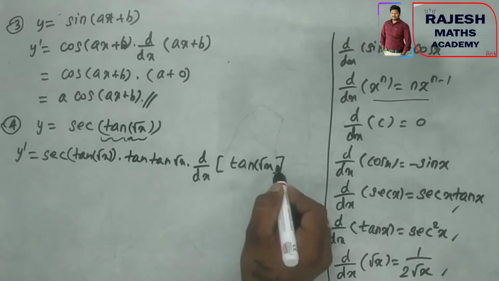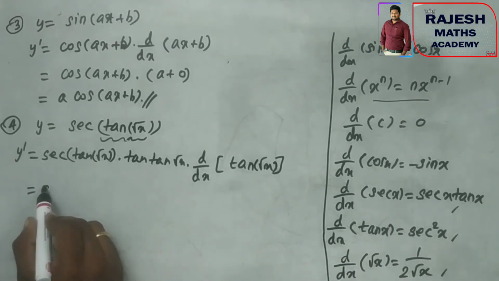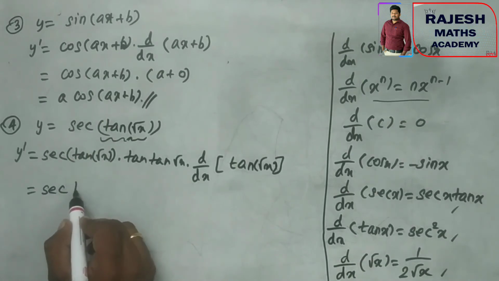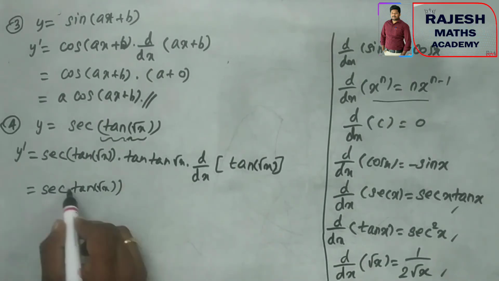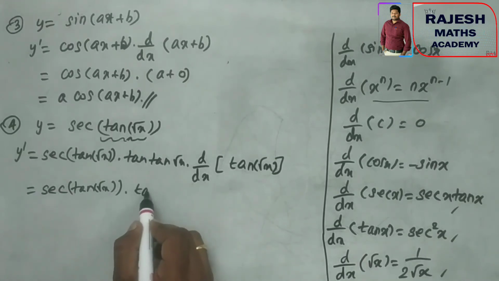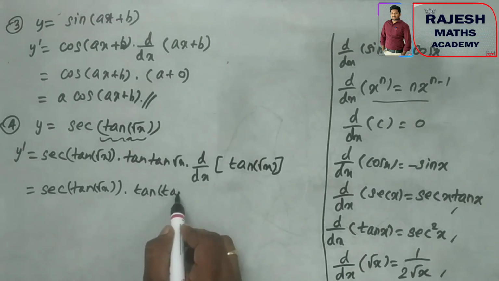Clear? Now I am going to differentiate this. So first, as it is, secant of tan of root x into tan of tan root x.